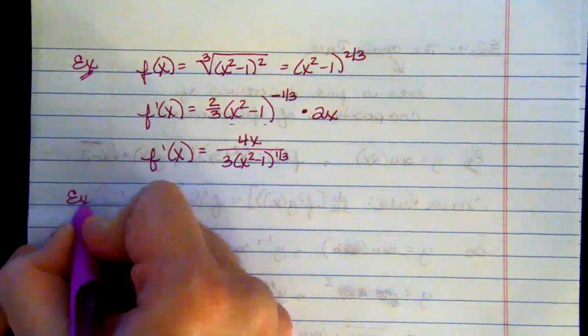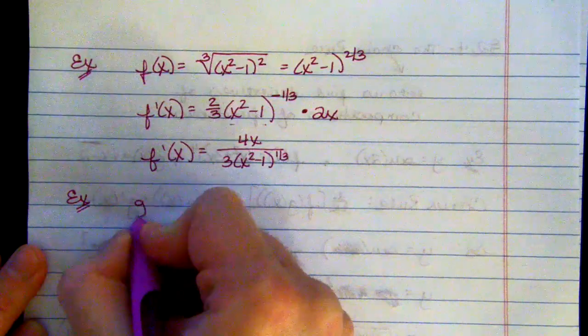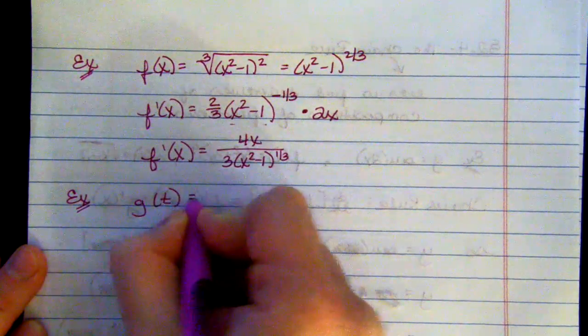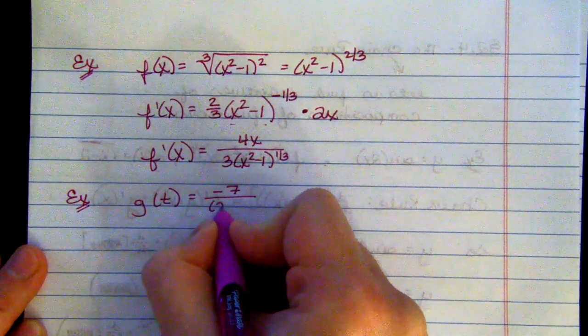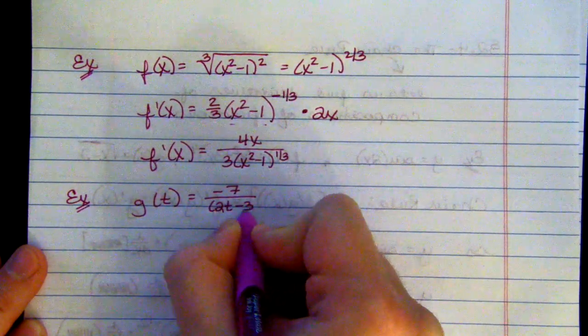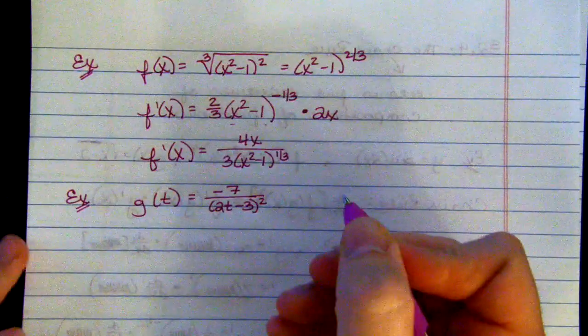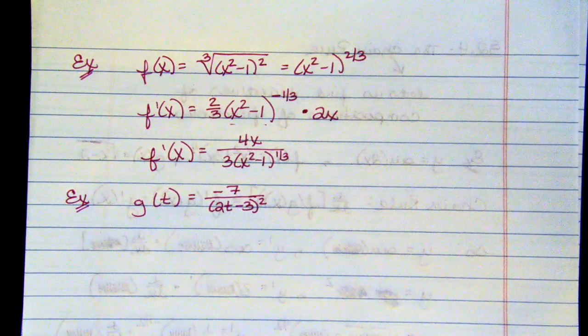Let's try this one. G of t equals negative 7 over 2t minus 3 squared. Negative 7 over 2t minus 3 squared.